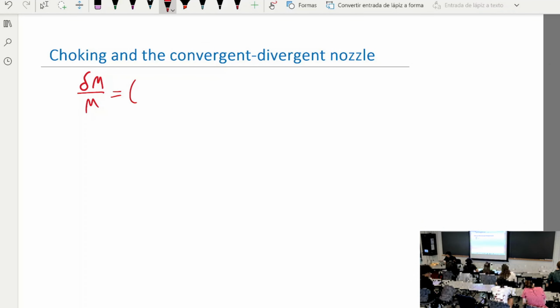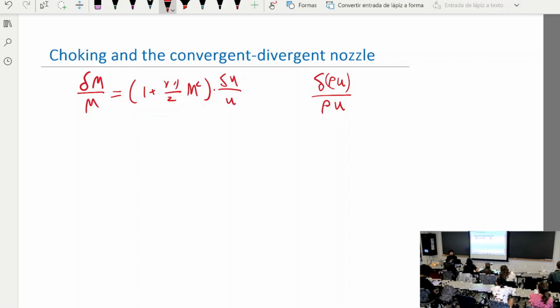right? And we remember how delta rho u over rho u, the fractional sensitivity of the mass flow per unit area, changes as a function of u, and that is 1 minus M squared times delta u over u. Again, that's something we derived the first day we looked at compressible flow.